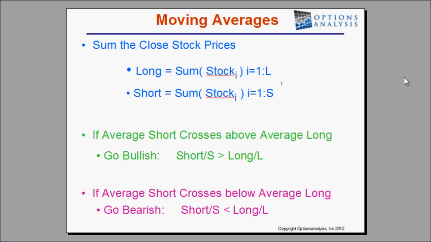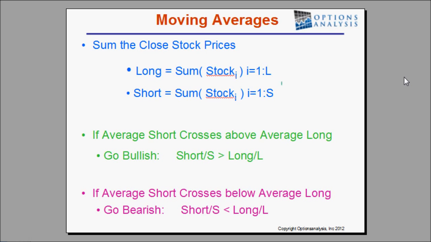A moving average is accomplished by summing the stock close price for a consecutive number of days, say L, then summing the stock close price for a different consecutive number of days, say S, where S has a shorter number of days than L, the longer number of days.